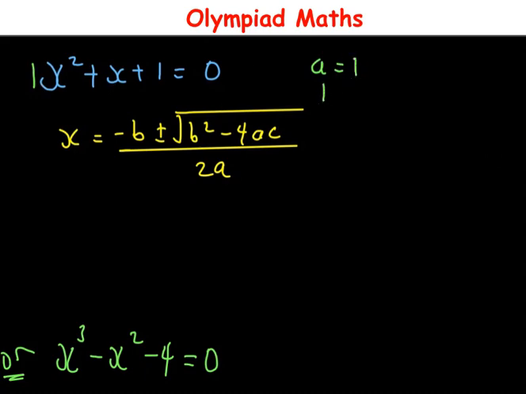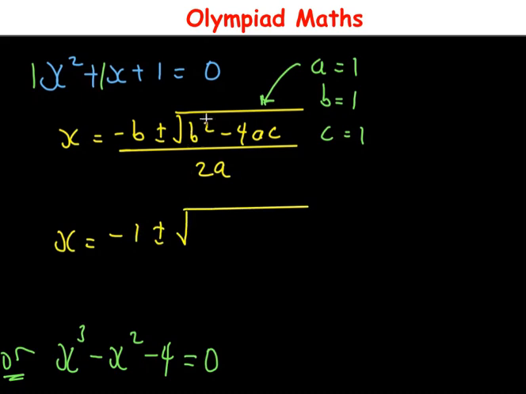The value of b is the coefficient of x, which is plus 1, while the value of c is a constant, which is also 1. So in putting these values into the formula, the value of x is then equal to minus b, b is 1, plus or minus square root b squared, so 1 squared minus 4 times a is 1 times c is 1, all over 2 times a is 1.